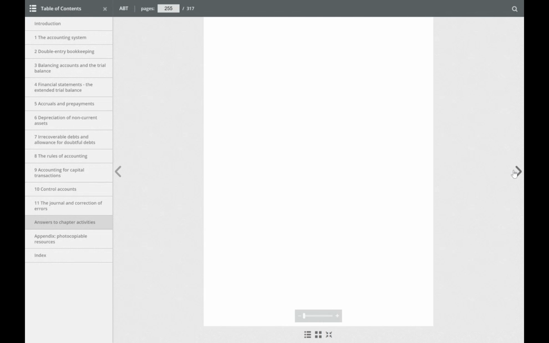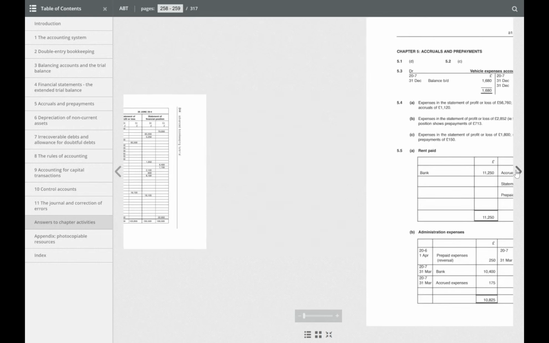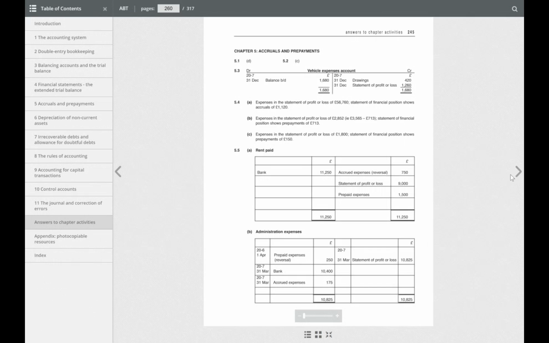In the answer you see 1680 is here and drawings 420 has been put on the credit side, and the balance will be going to the P&L account. Are you aware that all the income and expenses accounts, the figures are transferred to the statement of profit or loss account, because this is the figure that is going to show the actual vehicle expense related to the year, and this will be used to calculate profit or loss.